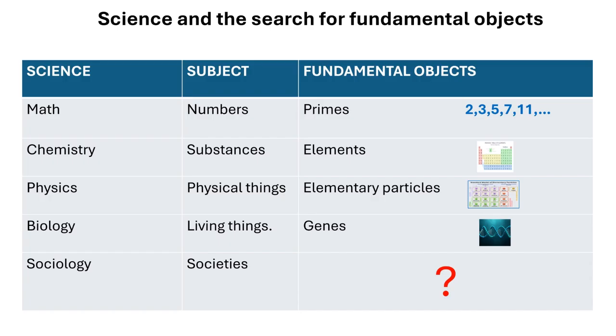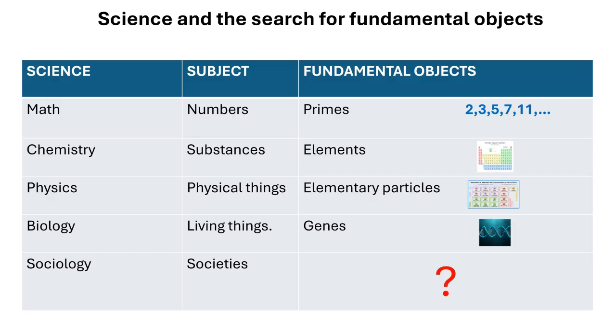In chemistry, the subject matter is substances, and the fundamental objects are the elements, the things found in the periodic table. In physics, the subject is physical things, and the fundamental objects are the elementary particles, those found in the Standard Model. In biology, the study is living things, and the fundamental objects are the genes.